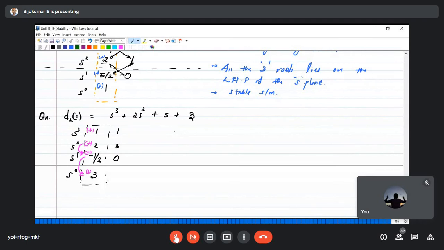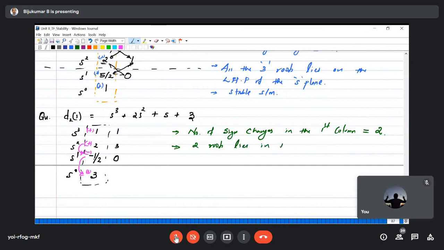So how can we conclude this? Number of sign changes in the first column is equal to 2. So we can conclude 2 roots lie in the RSP.